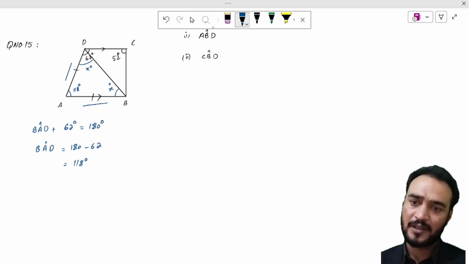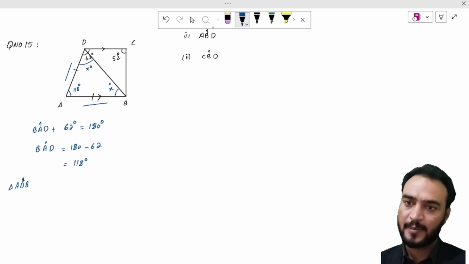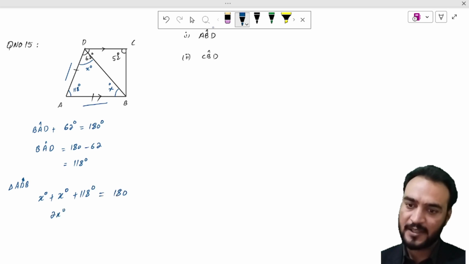We have considered both these angles equal to x degrees. So now we consider triangle ADB. In triangle ADB, x degrees plus x degrees plus 118 degrees, the sum of these angles is equal to 180 degrees. 2x degrees is equal to 180 minus 118. We get 62 degrees.